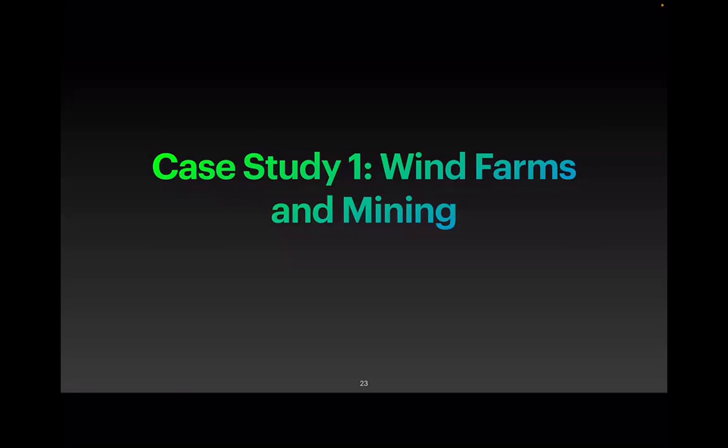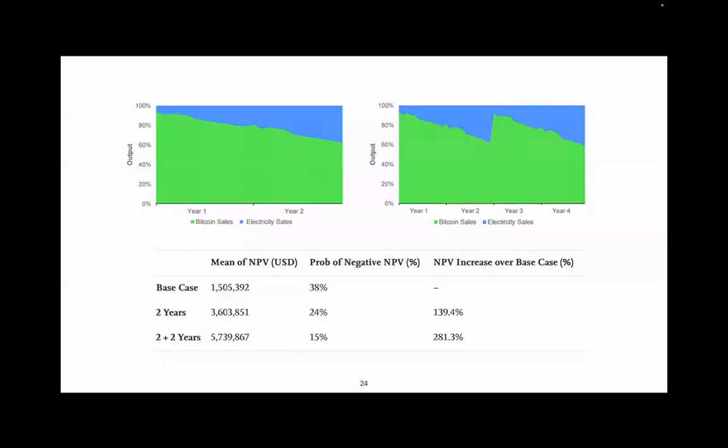wind farms and mining. So in this case study, we can see that in emerging countries such as Brazil, more and more renewable power plants are being built. But there is a problem, since there is a time lag between the end of construction of the power plant and their entry into the regulated market, where they can start selling the electricity that they produce.